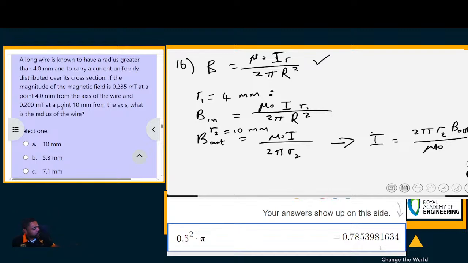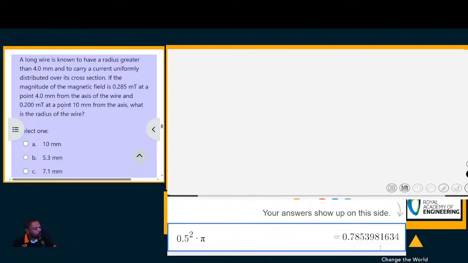Now, if you substitute this formula for the current into the formula for the magnetic field inside, you get the following.